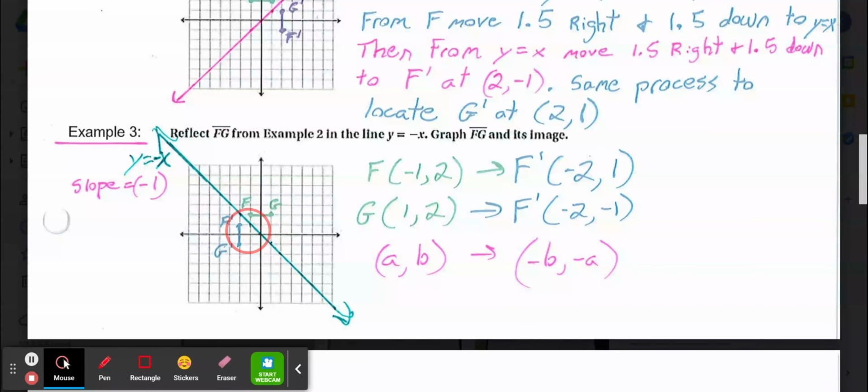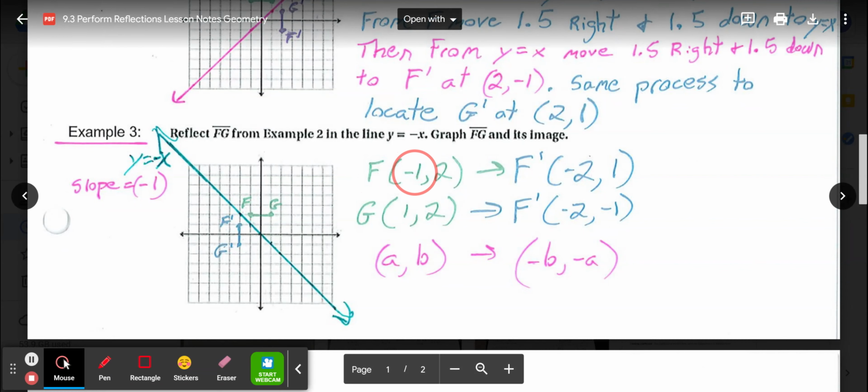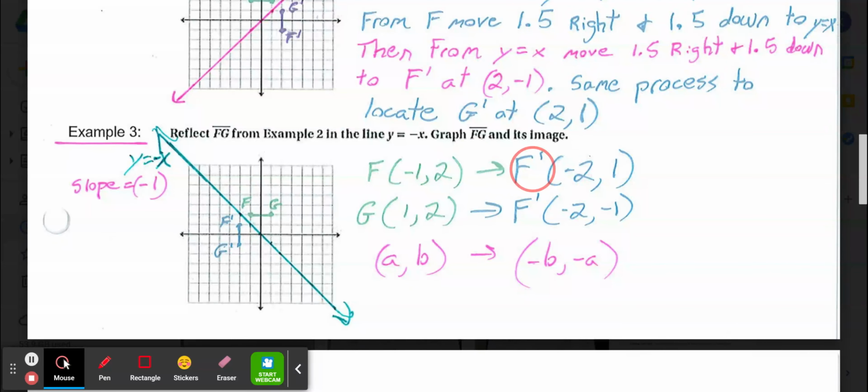So then from G to G prime, it's a positive 1 slope. From F to F prime, it's a positive 1 slope. So in this case, if F was at (negative 1, 2), F prime is at (negative 2, 1). If G was at (1, 2), G prime would be at (negative 2, negative 1).